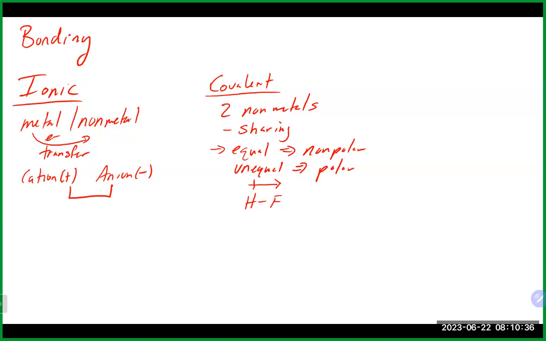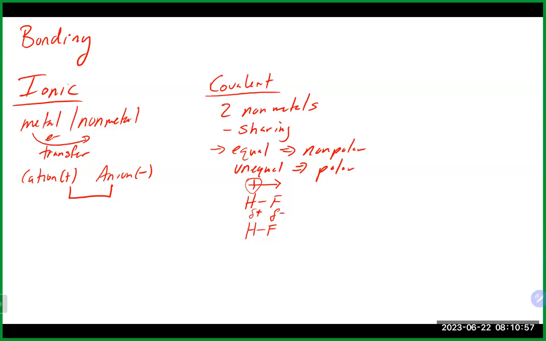The result of that, again, gives us this dipole arrow, which always points to the more negative side of the bond. The other side, where it kind of makes a plus in the back, points to the more positive side, creates a partially negative charge on the fluorine and a partially positive charge there on the hydrogen.